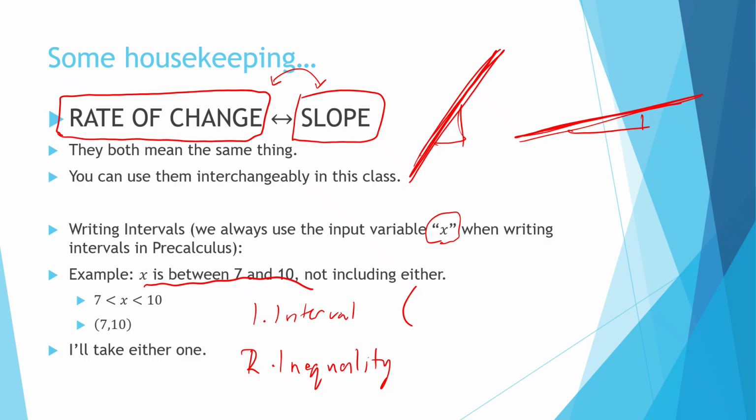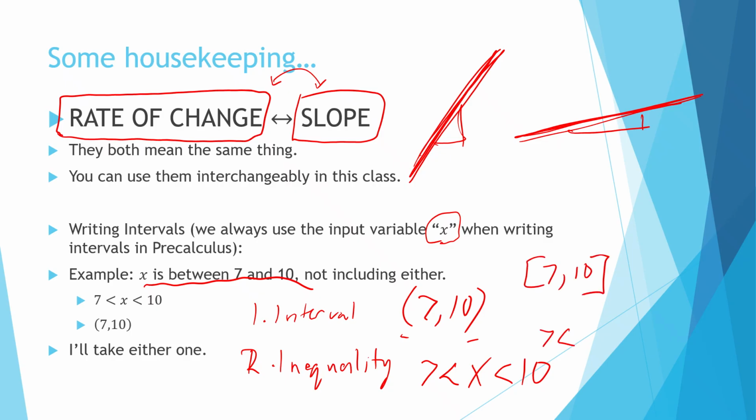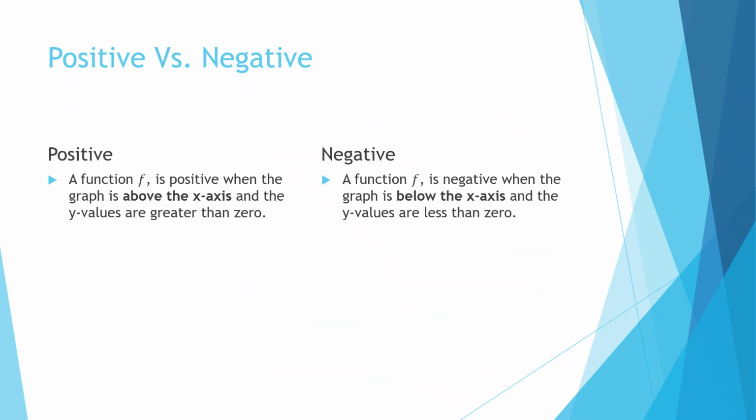Interval notation is where we write an interval, like 7 to 10, and we put parentheses because we don't include 7 and we don't include 10. Or we could write inequality notation, where x is between 7 and 10, like that. Now, if we said it included them, then in interval notation it would be 7 to 10 with the square brackets, or 7 to 10 with an underline to include the values of 7 and 10. Right now, you'll see there's really no difference between those.